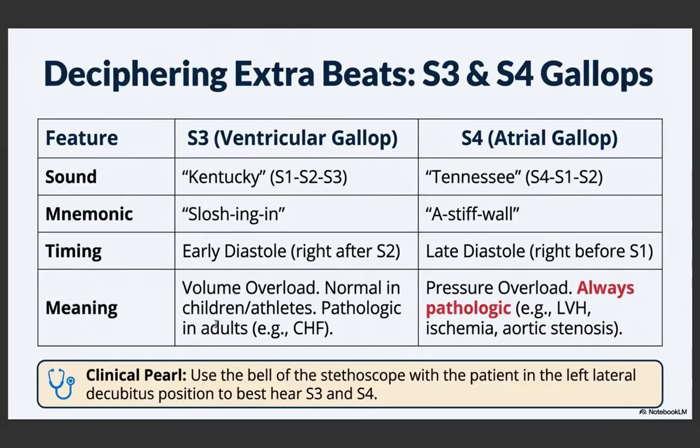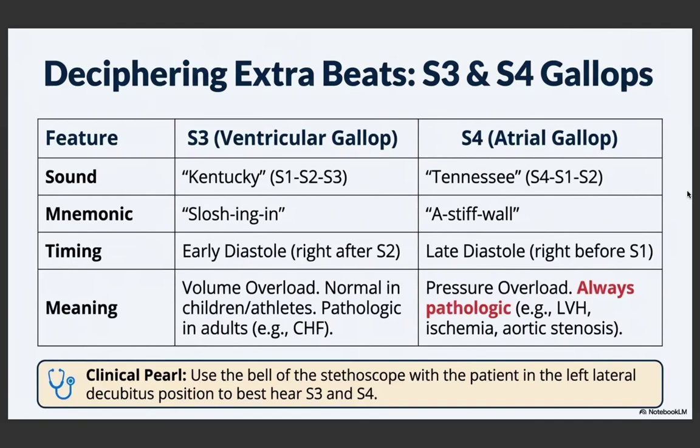Some children have S3, again, pregnant women, pretty normal. Some athletes also have S3, but that is less from fluid volume overload and just the intensity in which they work out their muscle. And then again, when we see it in adults, it's pretty indicative of heart failure.